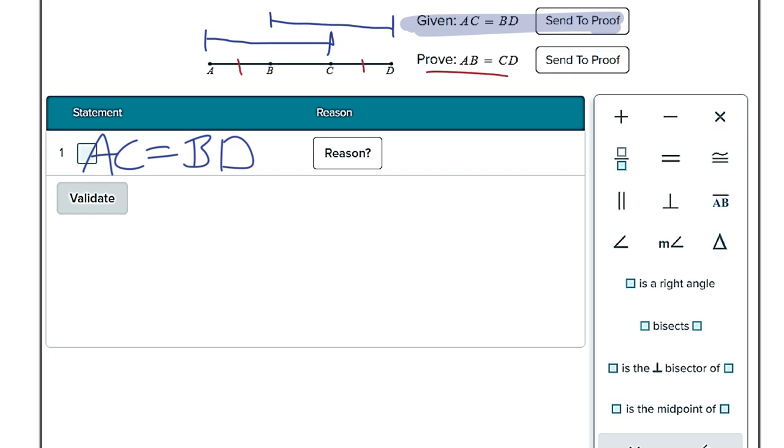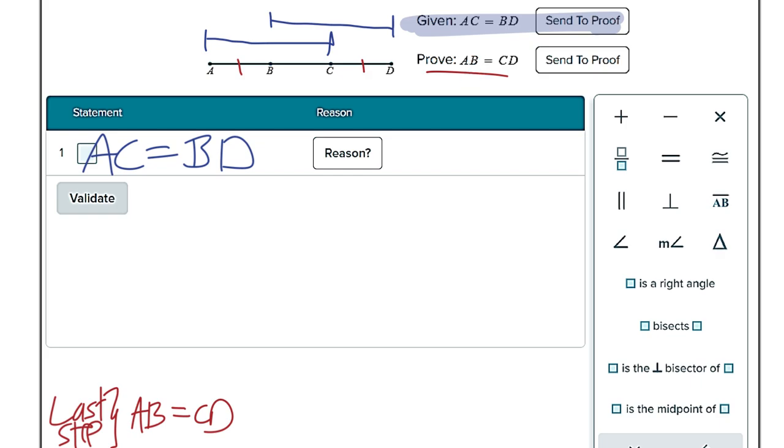Now, one thing that you should know, my very last step will always be our proof step. So like AB, our last thing should be AB equals CD. I don't know how many steps it will take to get there, and you can't unfortunately put that in right away, but we'll do that as our last thing. So I'm starting with this, and I'm trying to get to there.